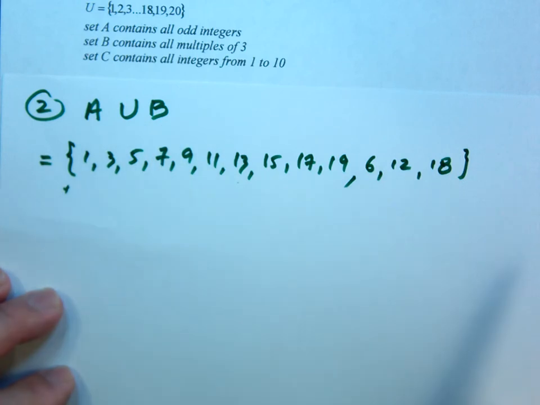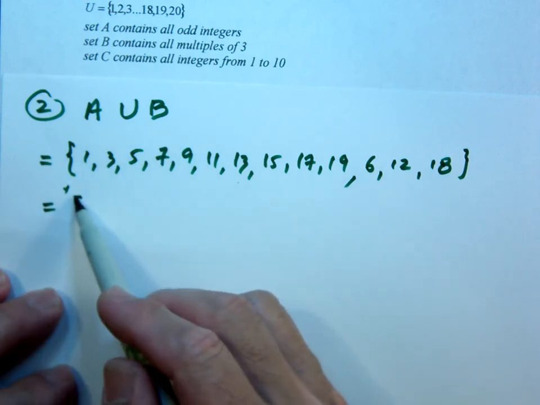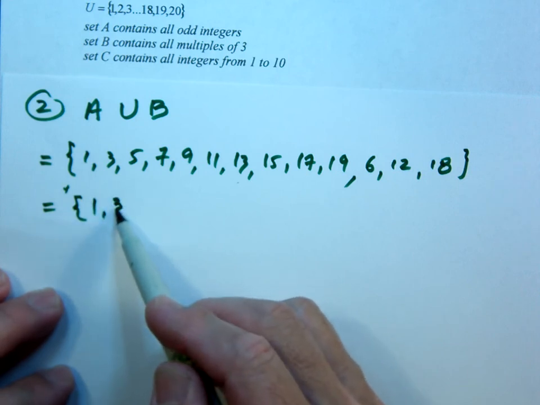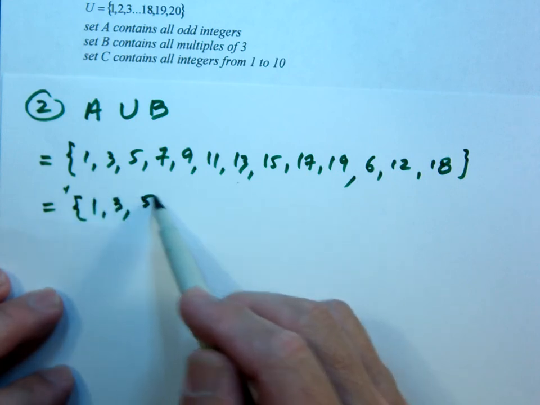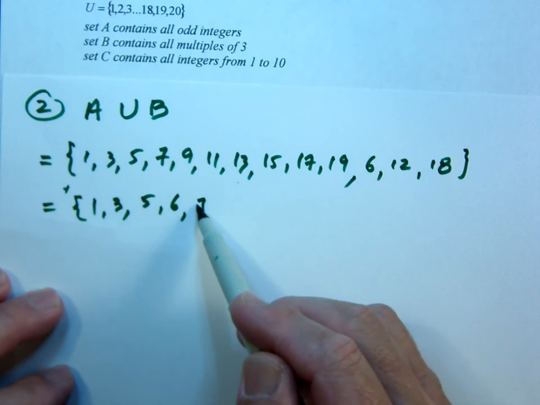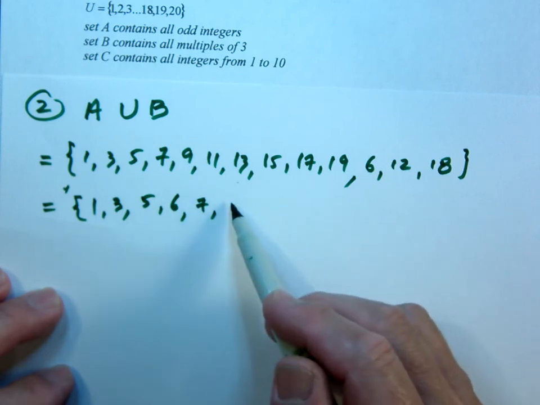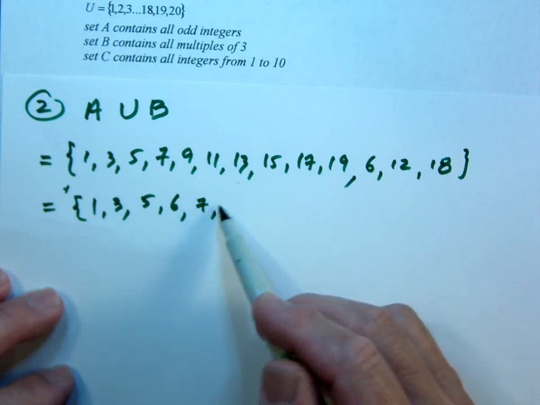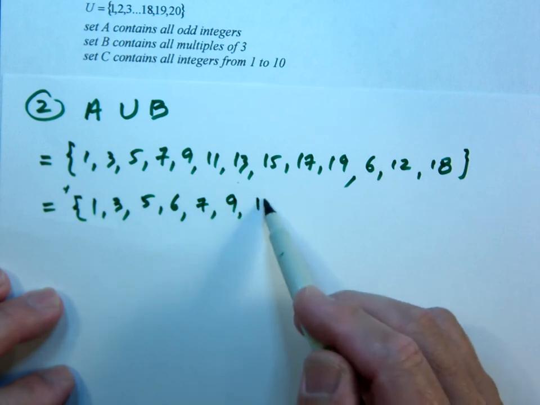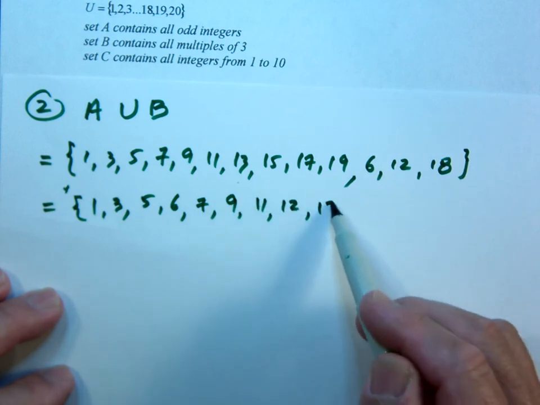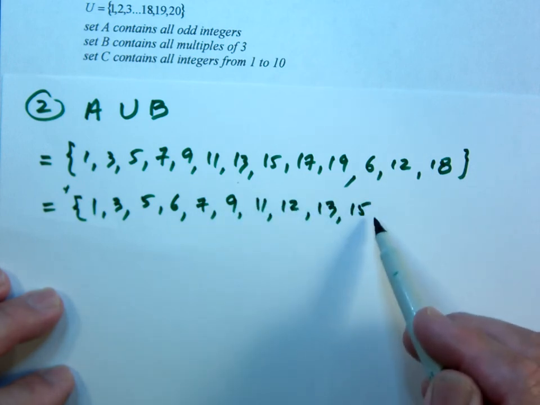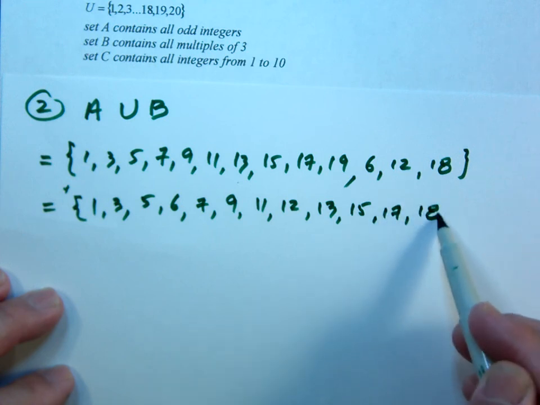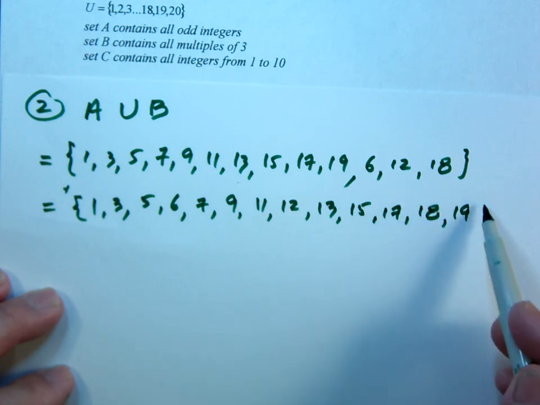Now sometimes you may want to write this in a particular order, in this case ascending order. So let me just do this. Actually, I'm getting ready for our next number 3 problem. 7, 9, 11, and there's the 12, 13, 15, 17, 18, and 19.